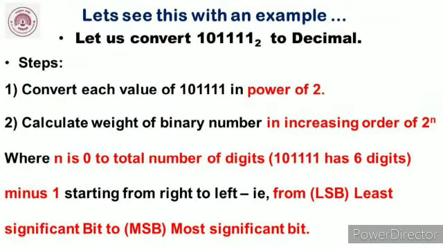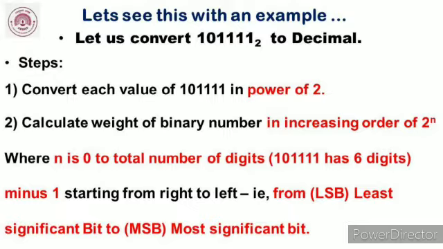Now let us see this with an example. Let us convert 101111 to the base 2. Now this is a binary number. Let us convert this binary number to decimal. The steps to achieve this are: first, convert each value of 101111 in power of 2.